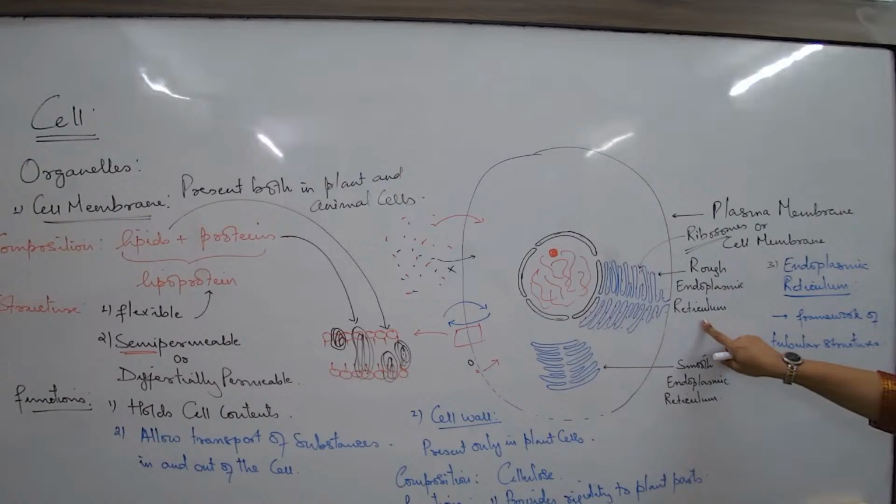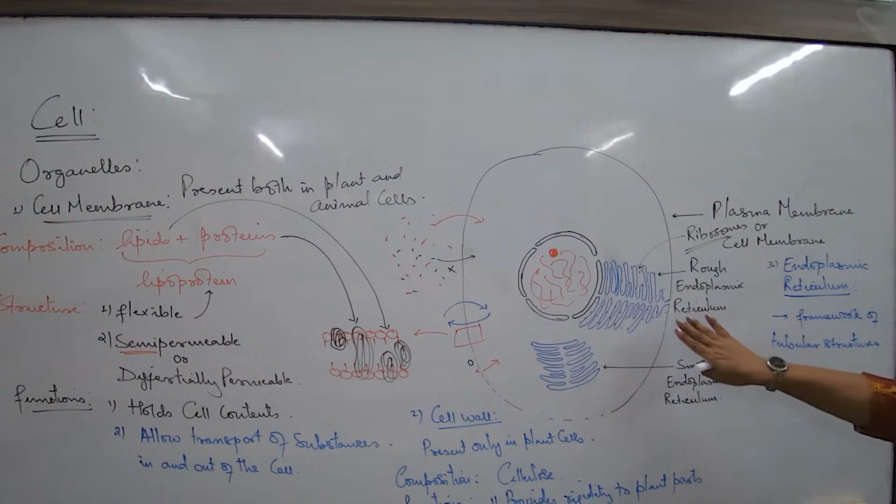So the rough endoplasmic reticulum that I am drawing, what is this rough endoplasmic reticulum? The tubular network which has got ribosomes attached. If the tubular network has got ribosomes attached, then it is rough endoplasmic reticulum.